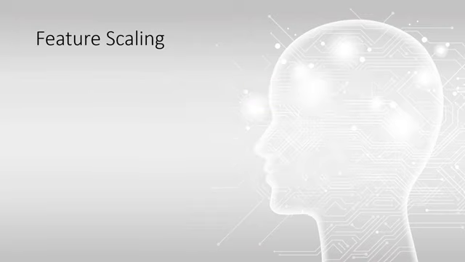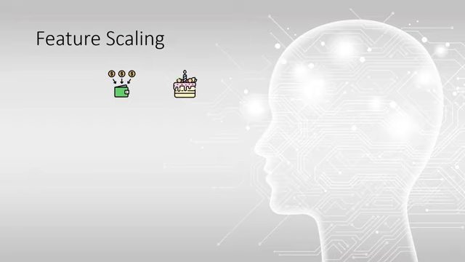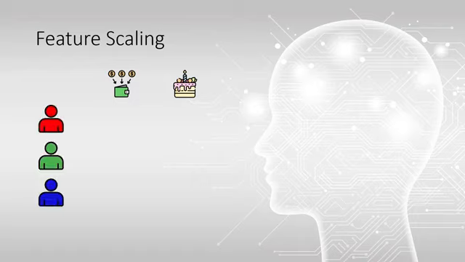Now, let's imagine we have a data set where we have two columns: annual income of a person and their age. Just simple data with those two columns for simplicity's sake, and we are only going to have 3 rows. We are going to have a red person, a green person, and a blue person.